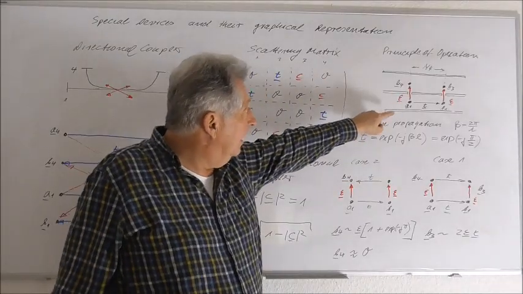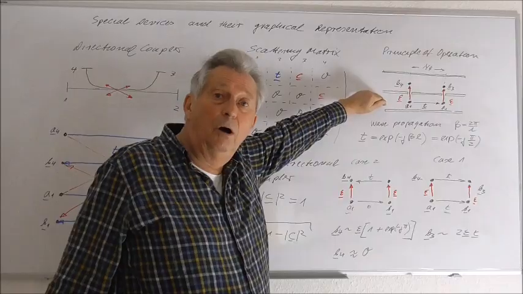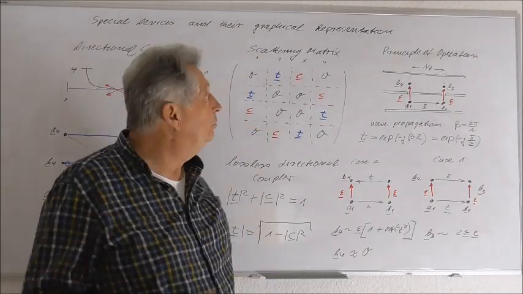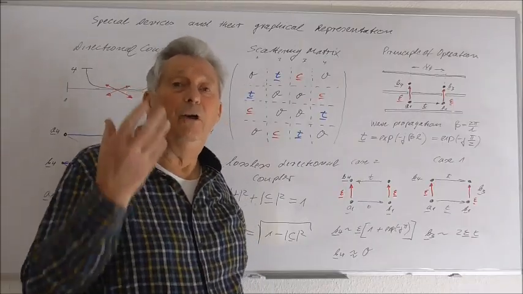So in the ideal case, port 4 will be decoupled from port 1. And in the next lecture we will see how to use these elements to set up a so-called reflectometer.